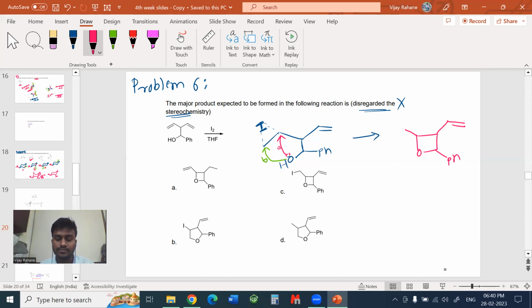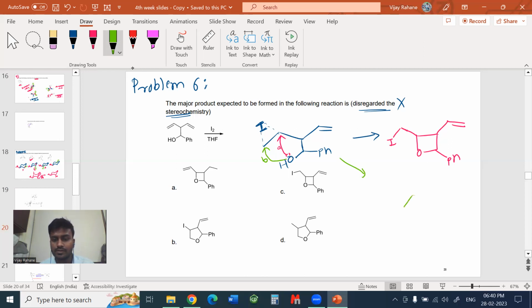CH2, I, and possibility B is that it forms a 5-membered ring, right? The 5-membered ring, and iodine will be here.